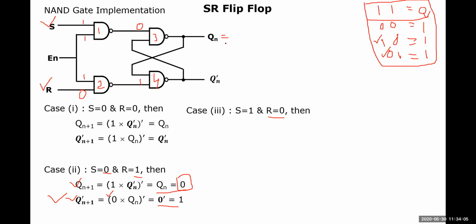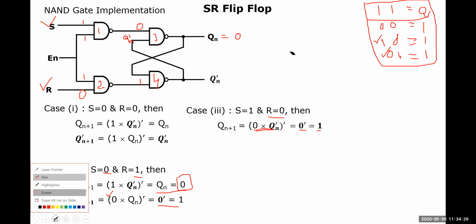So this particular value could be 0 into Qn complement whole complement. So anything multiplied with 0 will be 0. 0 complement equal to 1 here. So finally you will get a particular value here, that is 1.